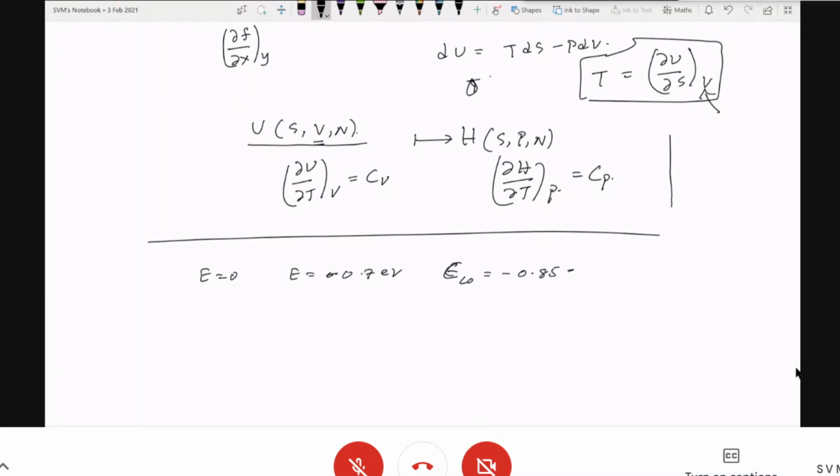Then the chemical potential of oxygen and carbon monoxide is minus 0.6 and minus 0.72 electron volt. Find the probability of oxygen occupying the hemoglobin site in the absence of carbon monoxide and in the presence of carbon monoxide.